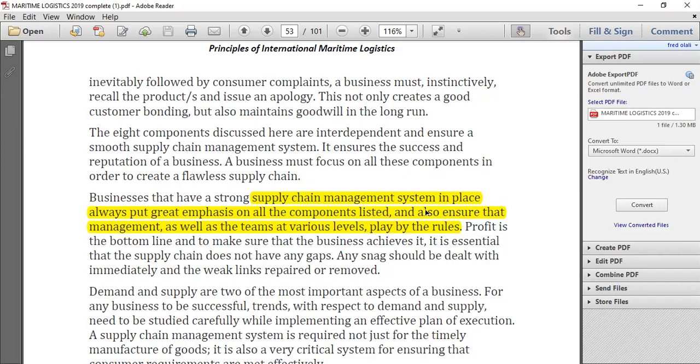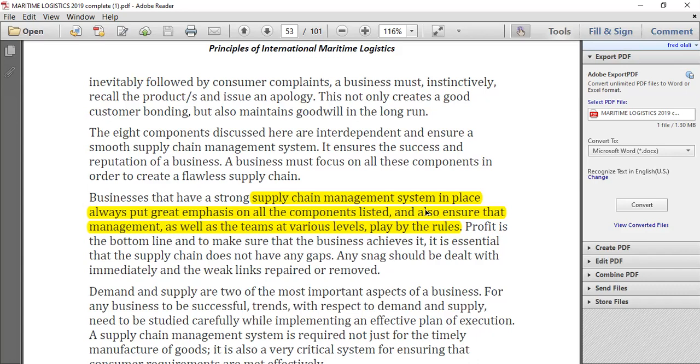Now, the eight components which we have just looked at are interdependent and ensure a smooth supply chain management system. So it ensures the success and the reputation of a business. So a business must focus on all these components in order to create a flawless supply chain.